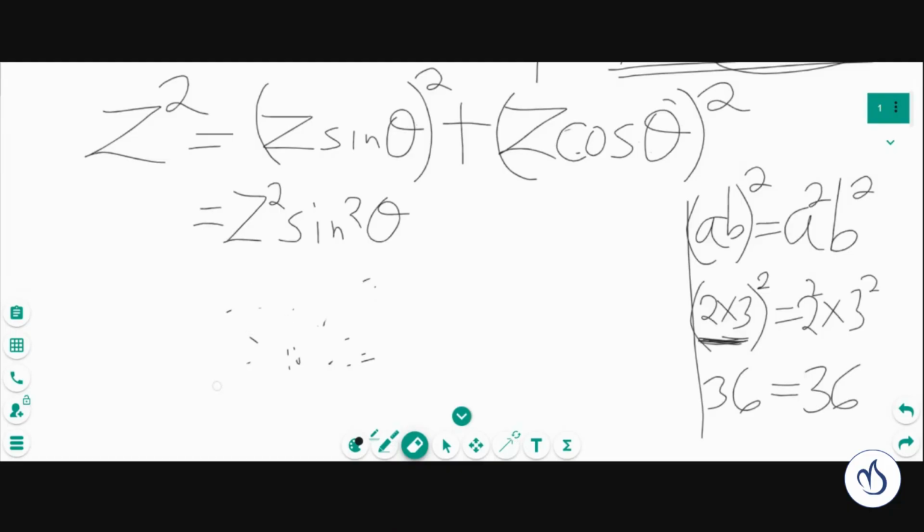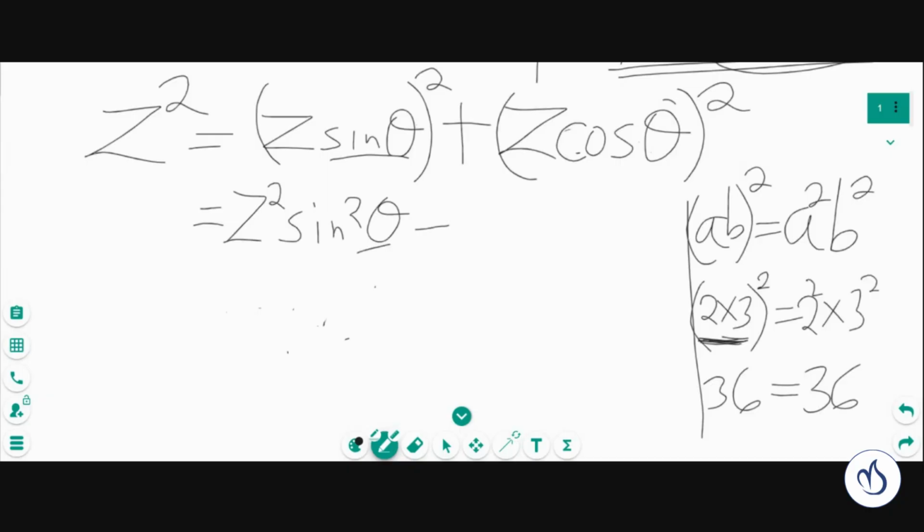So I don't have cos theta squared. No, I have cos squared theta. When I square tan, I don't get tan theta squared. No, I get tan squared theta. So when I square sine theta, I don't put a square at the end. No, I first put the squared before the angle.